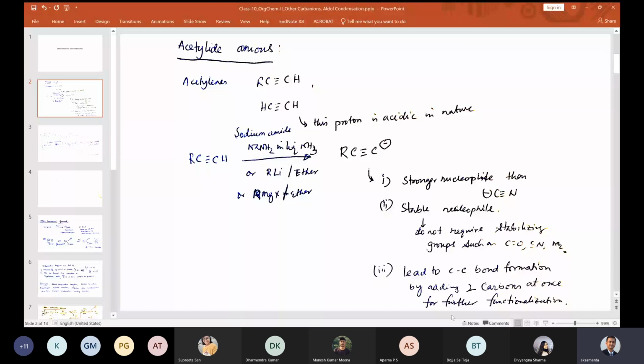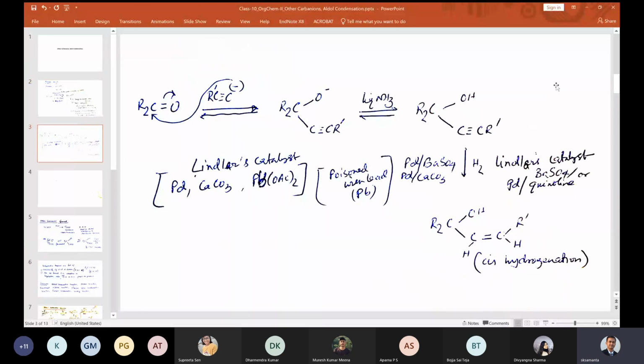So let's see one or two reactions. If we take a ketone, R2C double bond O, and we take this acetylide anion, then this negative charge will attack this carbon, forming this species, which can pick up a proton from liquid ammonia to give this alcohol.